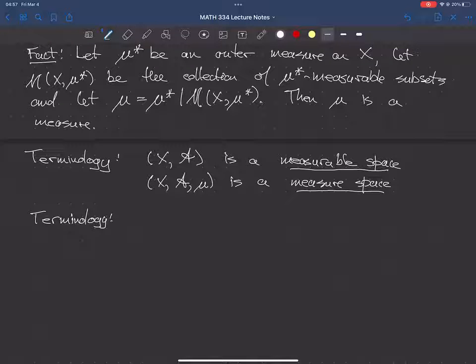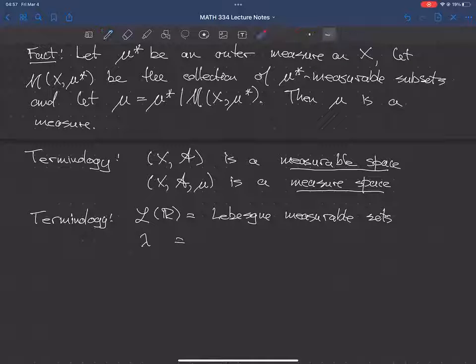The Lebesgue measurable sets we're going to denote by L. And the Lebesgue measure is going to be lambda, completely consistent with the general definition.